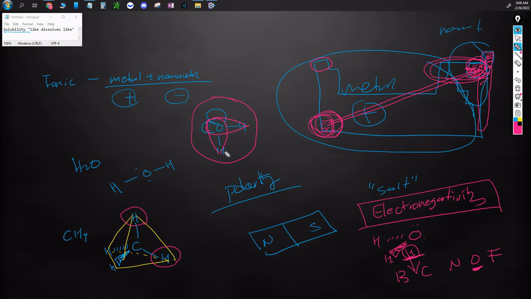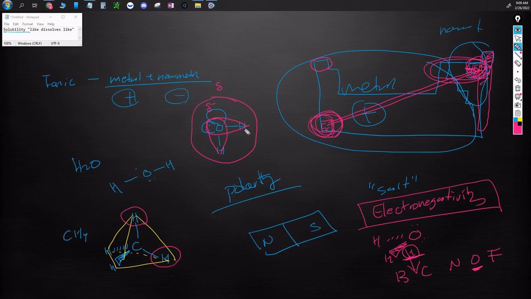Okay, so now what happens is that this unequally shared electron causes a partial charge, and partial charge is shown as a delta. This is the Greek letter delta. This side is going to be partially negative because there's a bunch of electrons here.